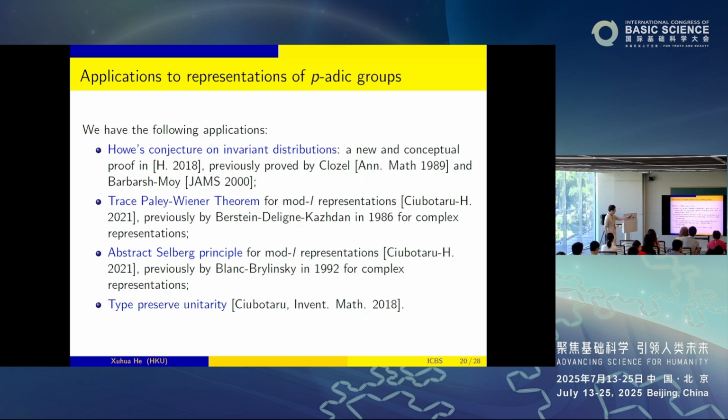And also the abstract Selberg principle for mod l, when l is not equal to p. My collaborator in various parts of this development, Tsai, also uses these ideas to show that types preserve unitarity.